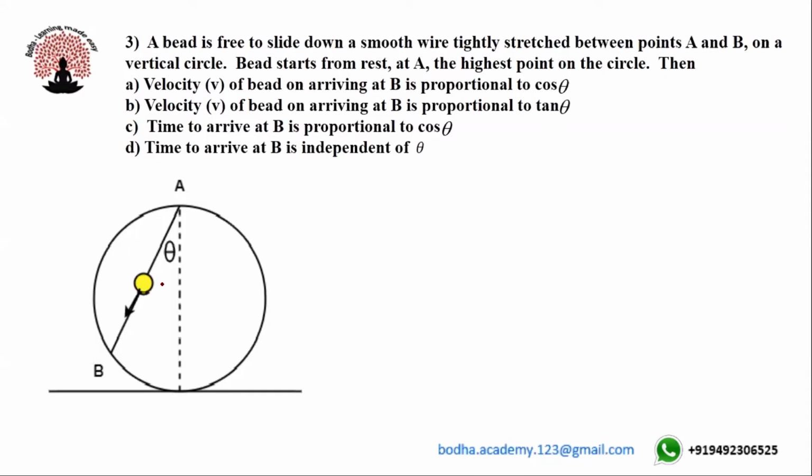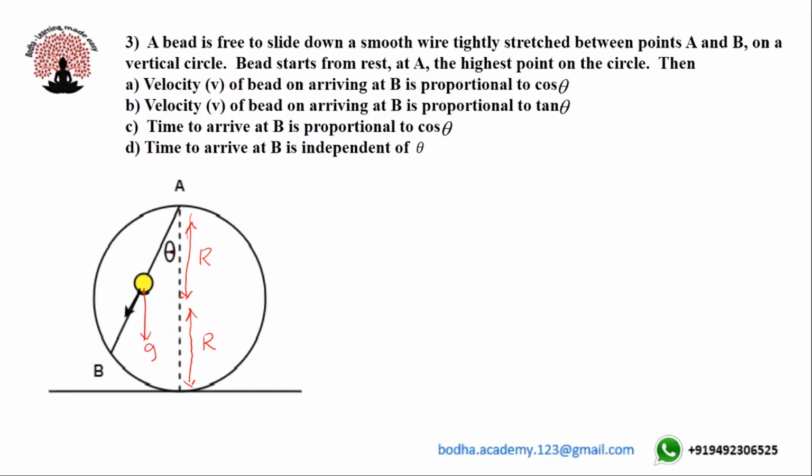Okay. So let me assume that R is the radius of the circle. So this distance is radius R, and this is also radius R, so the diameter will be 2R. Now on the bead, acceleration due to gravity will be acting in the downward direction.